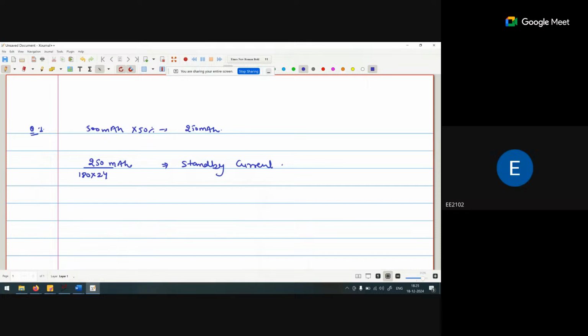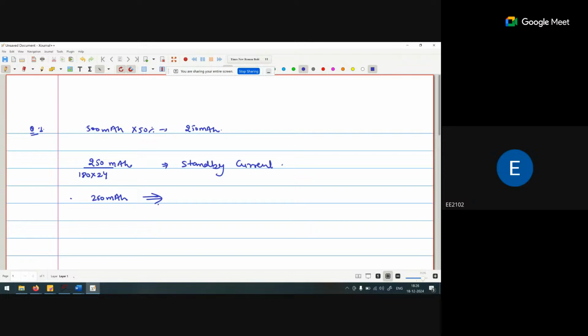Like if I say that a 250 mAh battery is available, what is the meaning of 250 mAh?